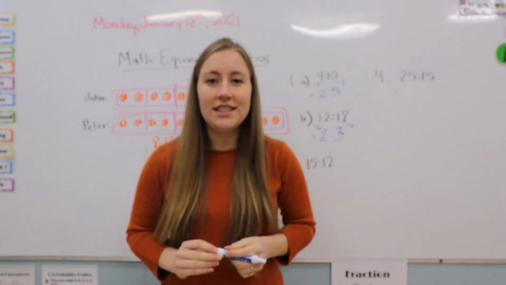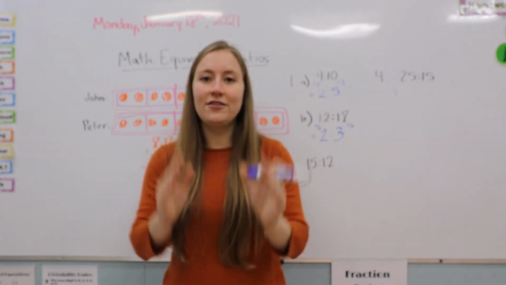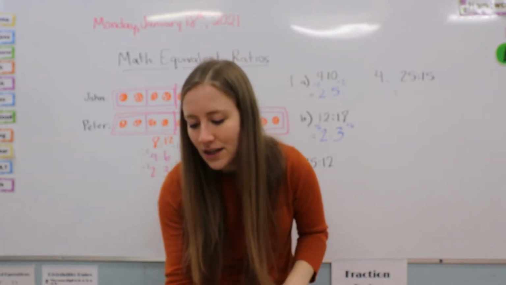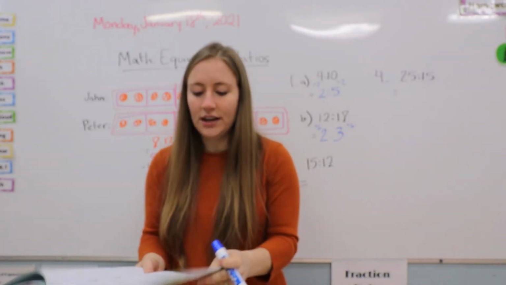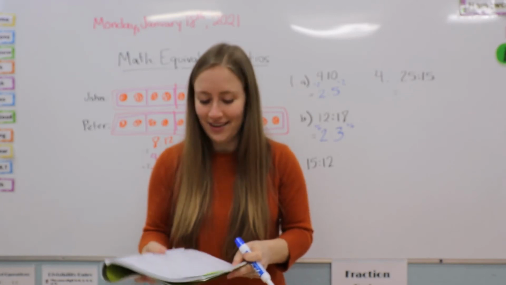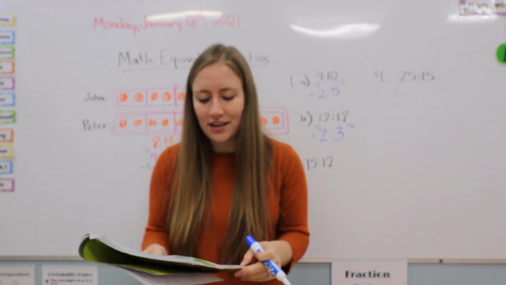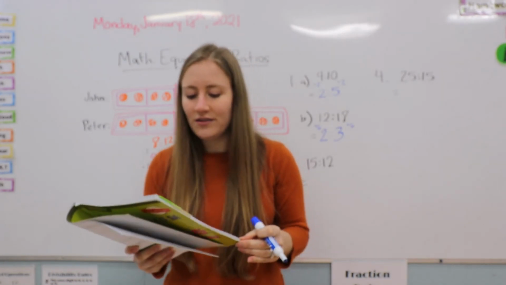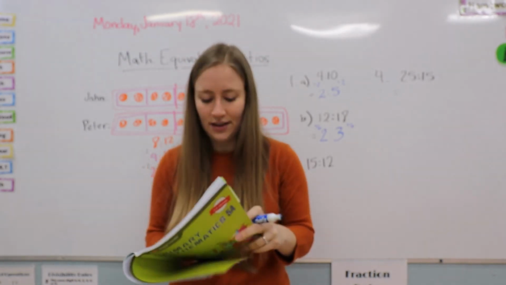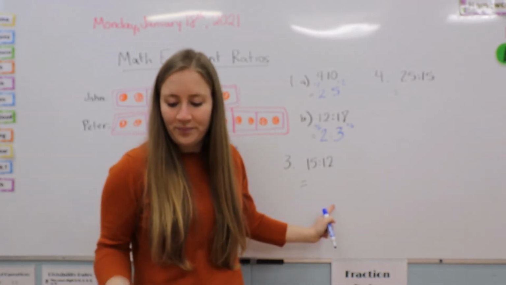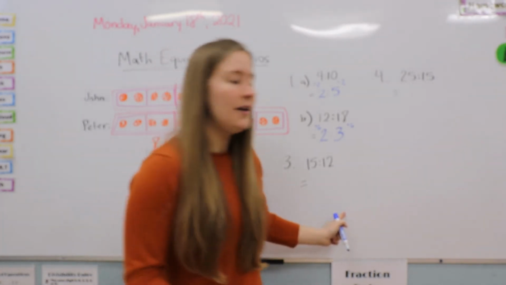Okay, so do you see how that works? We're dividing each side by the common factor that they have. Okay, so let's look at a couple more examples. We're going to look at examples 3 and 4, which are word problems that are asking us for the same thing. Number 3 says there are 15 ducks and 12 chickens on a farm. Find the ratio of the number of ducks to the number of chickens. It's given us the ratio at first, which is 15 to 12, and we're going to simplify it.